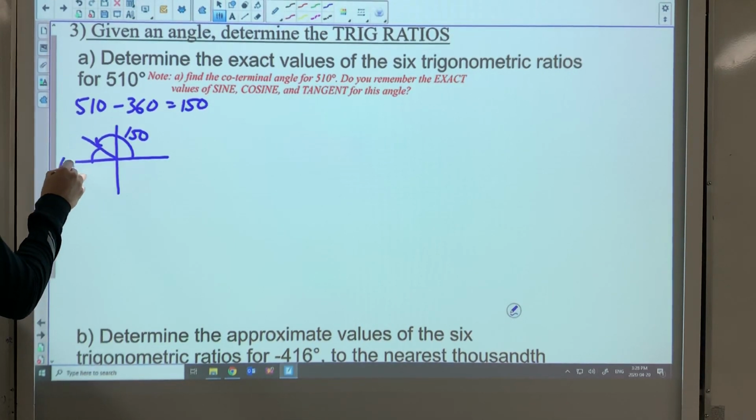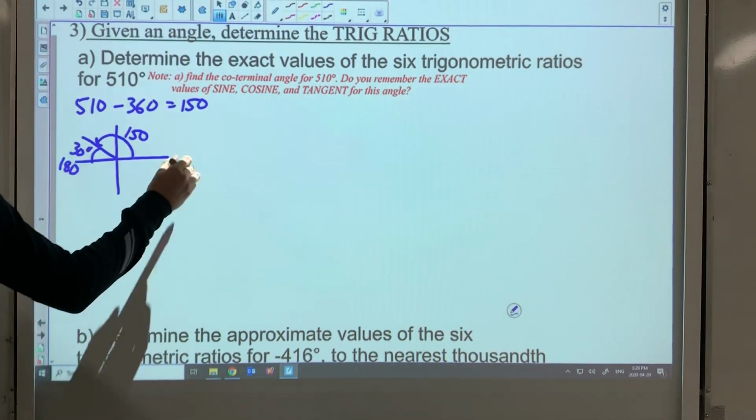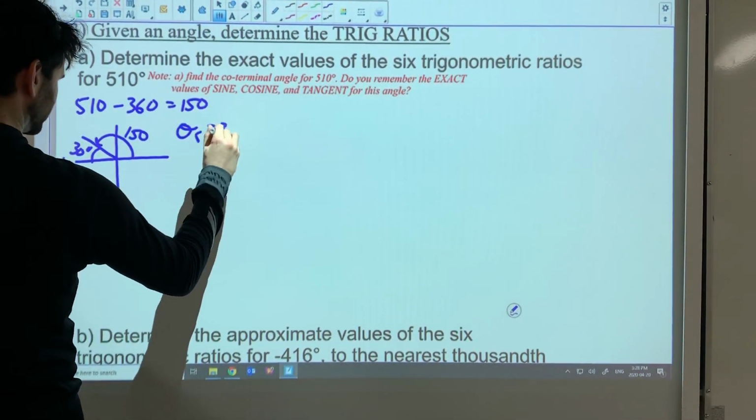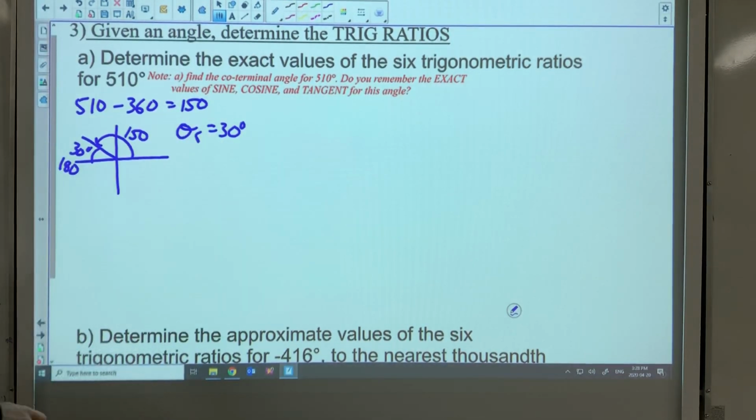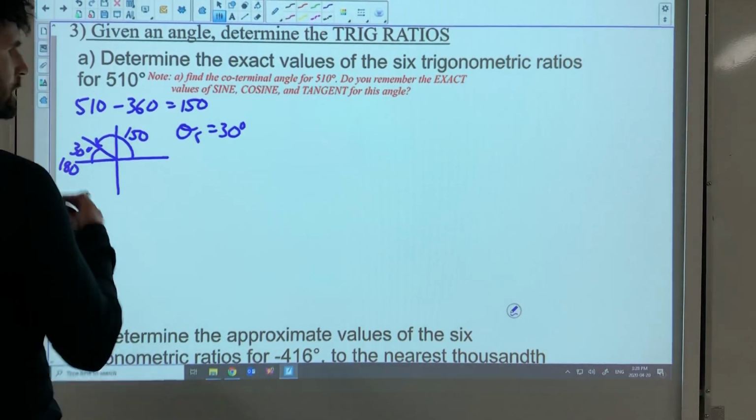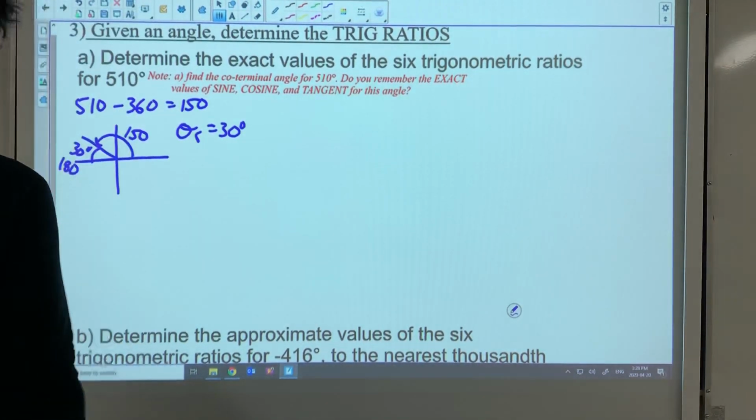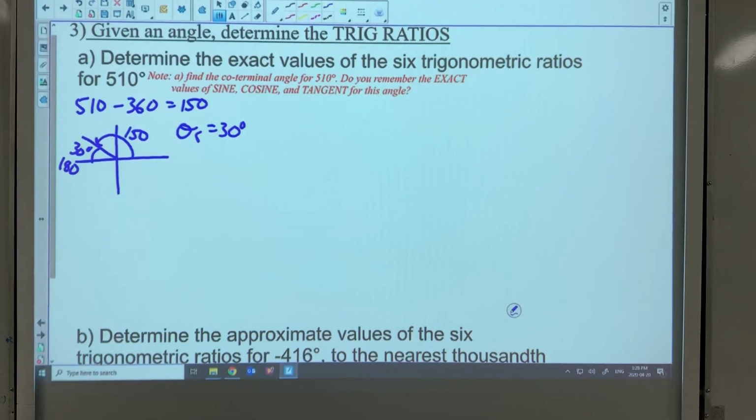Now I know that's 180, so my reference angle must be 30 degrees. Once you know that, you'll be able to do a lot of work with that. So we're finding all of the trig ratios. Okay, so it's sort of unclear if we have our calculator or not on this question.